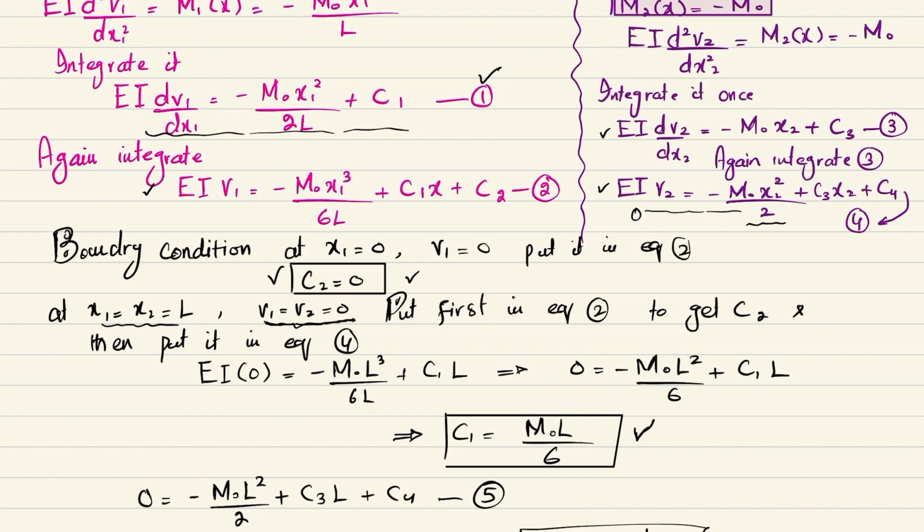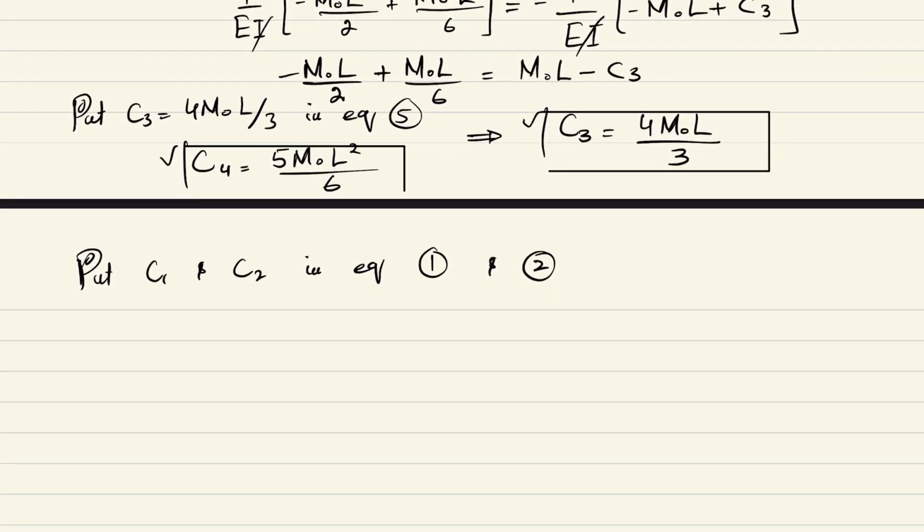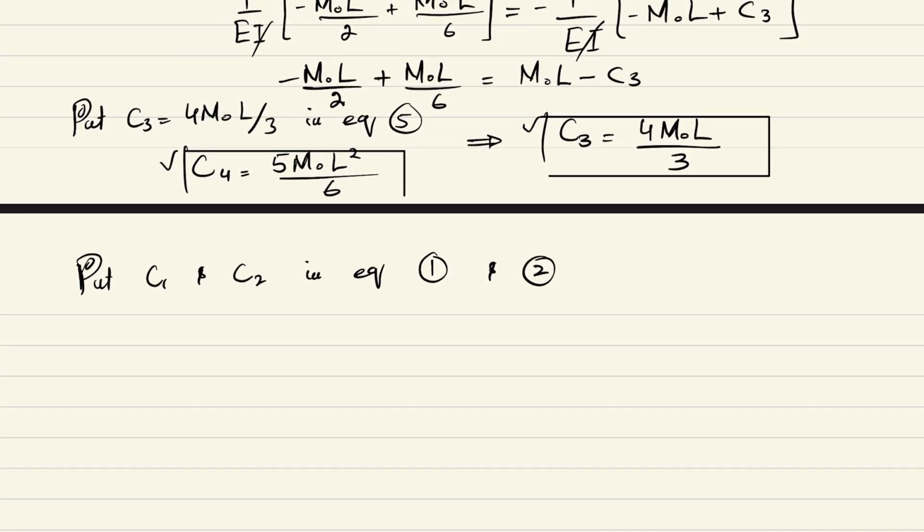So instead of C1 you will have this value. The equation will be EI into dv1 over dx1 is equal to minus m naught x1 square over 2L plus C1. C1 was m naught L over 6.